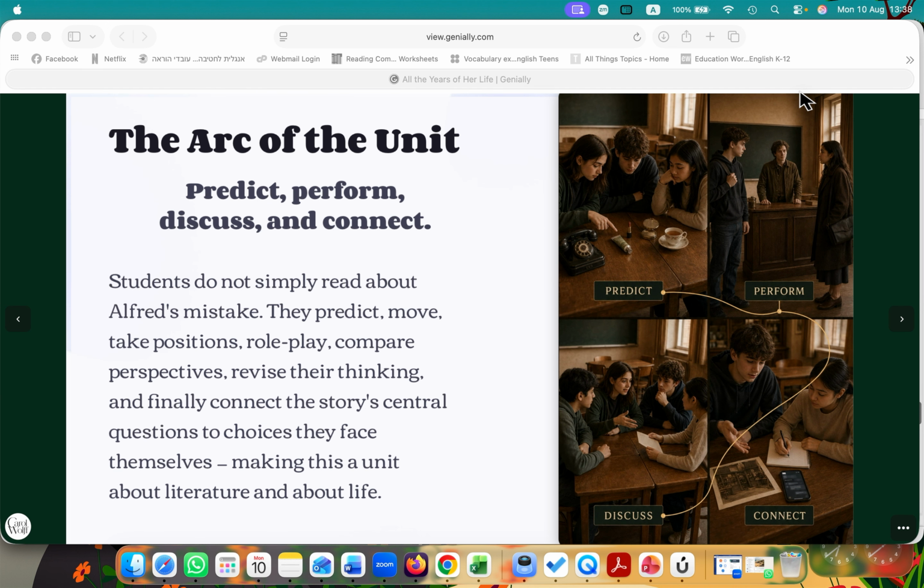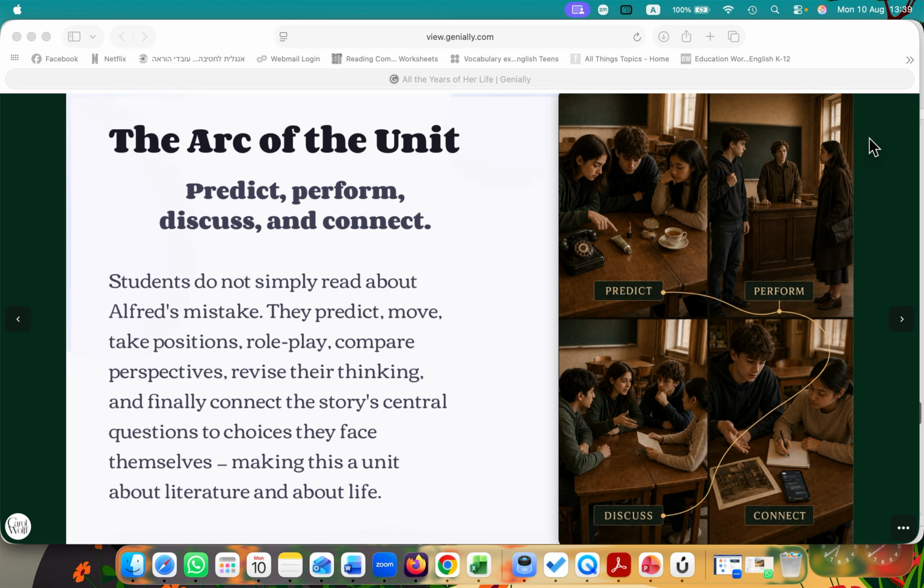These 4 words capture the whole arc: predict, perform, discuss, connect. They haven't just read about Alfred's mistake. They've questioned, moved, taken positions, compared perspectives, and revised their thinking.